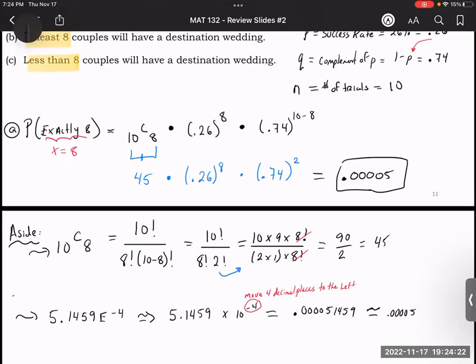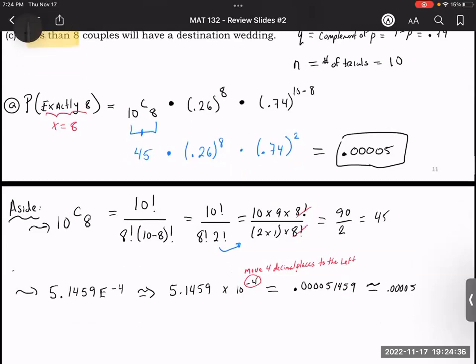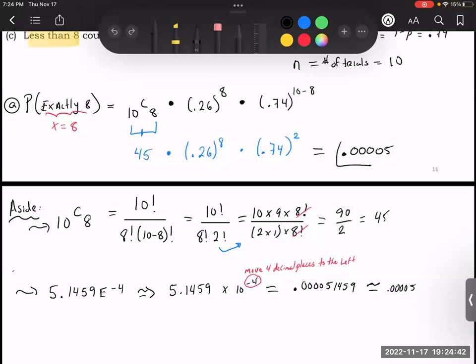I have a question. Go ahead. Isn't the 5 supposed to be part of it? Because I got the answer on my calculator as 0.0005. Wait, let me double check this. 1, 2, 3, 4. You're right. My bad. If you move it 4 decimal places to the left, I could have rounded the answer to 4 decimals.